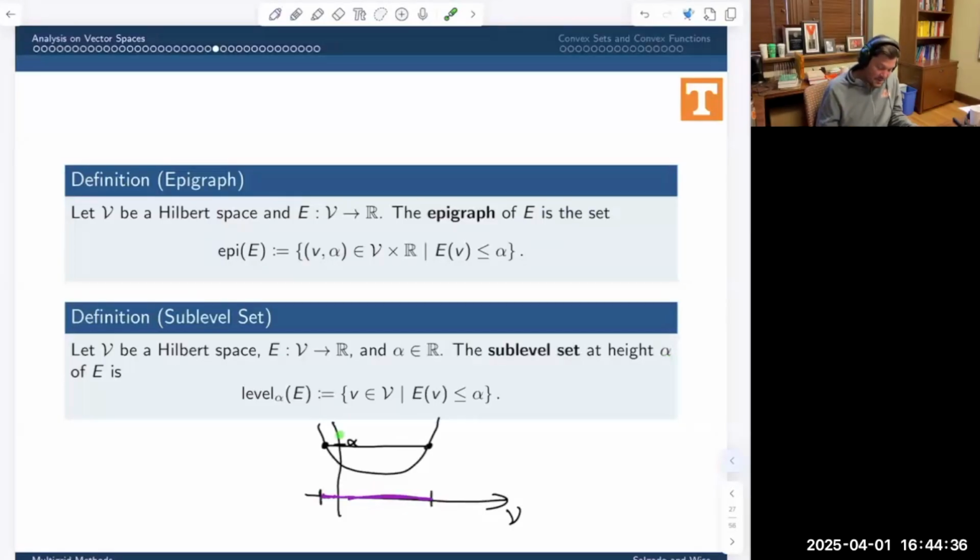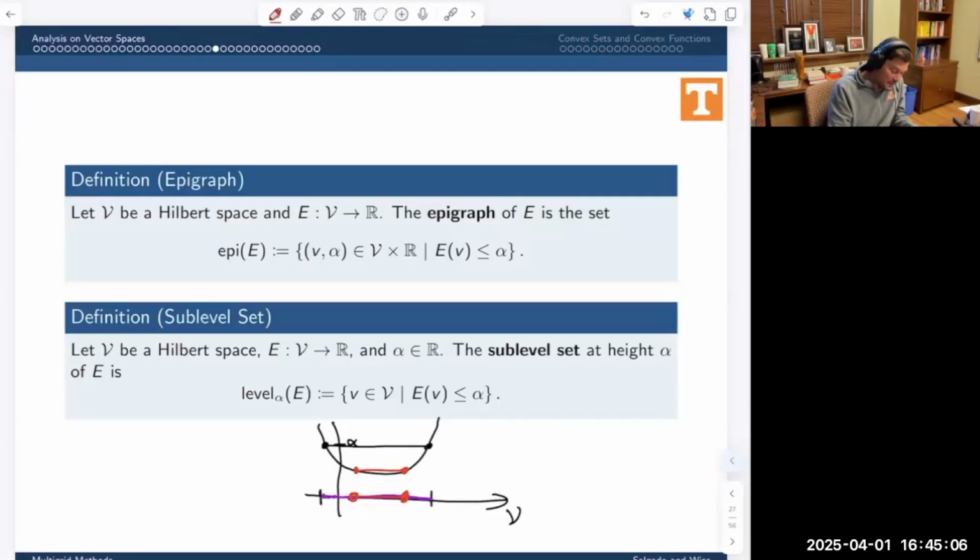Now, what if I increase the value of alpha? If I increase the value of alpha, then that set gets bigger. What happens if I decrease the value of alpha? I could decrease alpha, let's say to here. Let's use a different color there. I could decrease alpha further, something like that, so that would be that set.